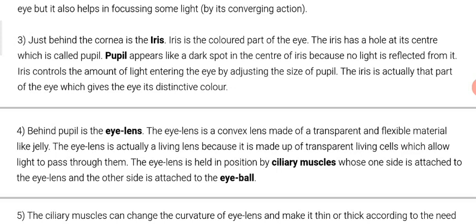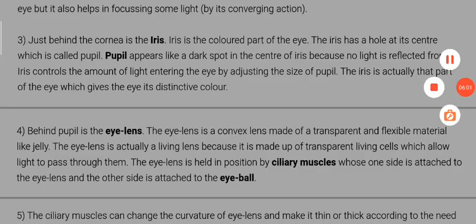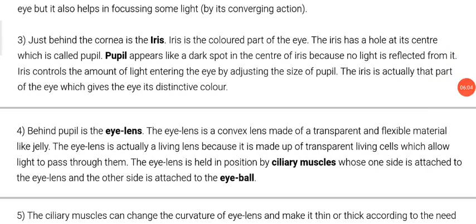The iris controls the amount of light entering the eye by adjusting the size of the pupil. So this is the pupil which allows the light to enter through it. Sometimes if we are out of the house, we see huge light.